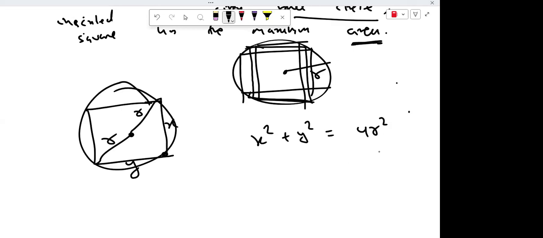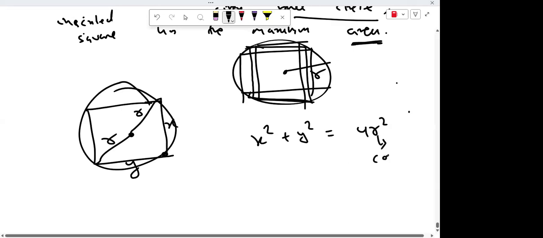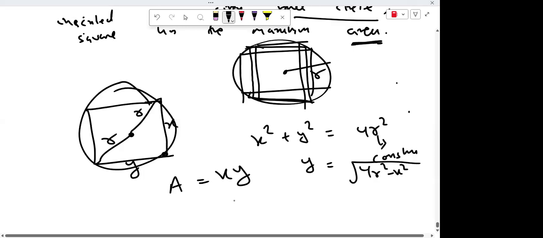Yes or no? Remember, r is a constant. And you have to maximize area, which is x times y. All right? So you can find y as square root of 4r square minus x square and replace here.